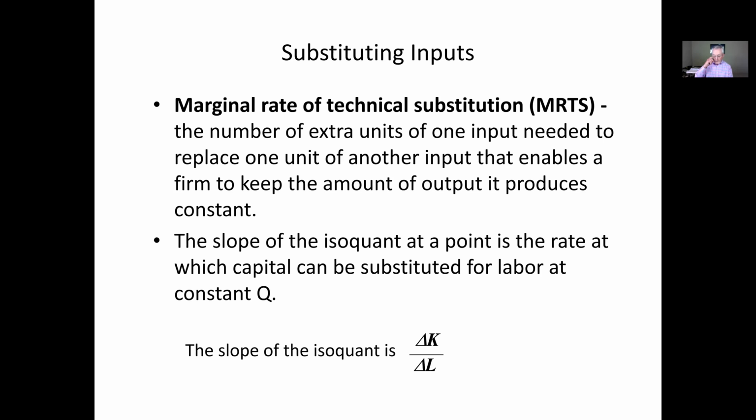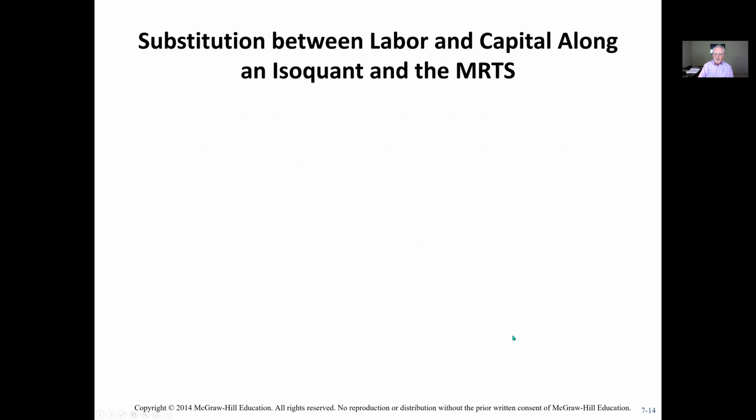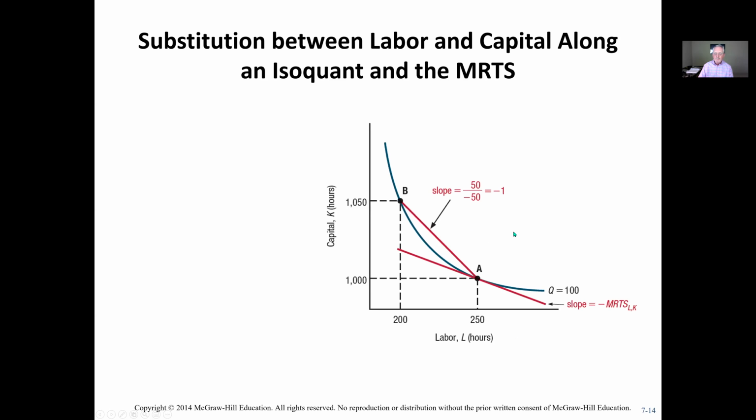So the slope of the isoquant is delta K over delta L, rise over run. My delta K is a change in capital, units of capital, for, and keep it simple, a 1 unit increase in labor. So if I were to look at my isoquant here, and consider moving from point A to point B, this is sort of a lumpy way of thinking about it.